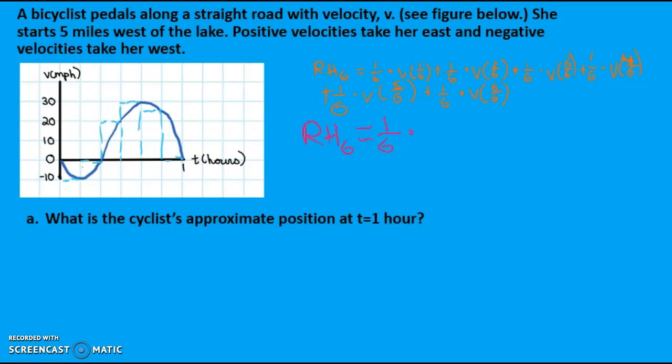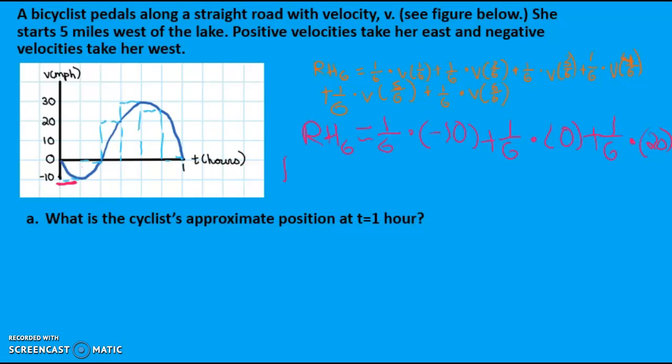We can see here that it's going to be about -10. So we can say -10 plus 1/6 times v of 2/6. We can see here that that's going to be 0 because it is just on the x-axis. So we can write 0 plus 1/6 times v of 3/6, which we can see here is going to be 20.